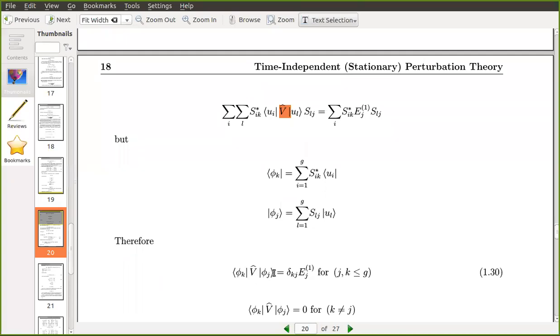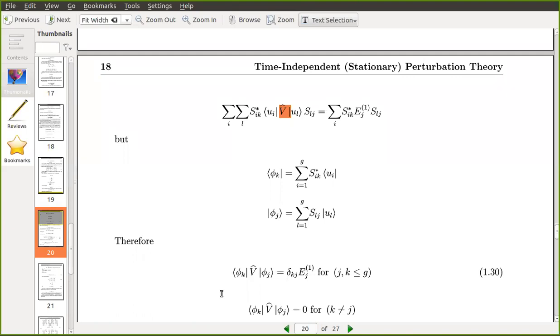So this is the matrix element of V in the new basis, in the linear combination of UIs. That is a new basis, a new subspace with a dimension of G by G. So we have G degenerate states UI.